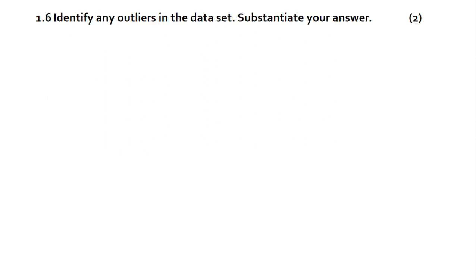And then finally, the last question says we must identify any outliers in this data set, and we must also substantiate, or in other words, support or show how we arrived at that answer.